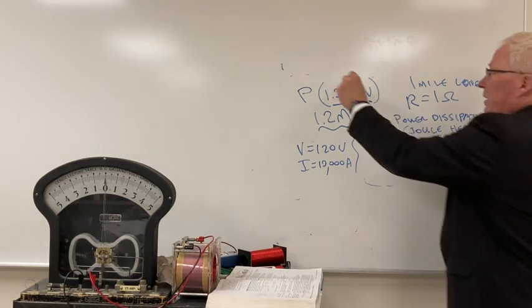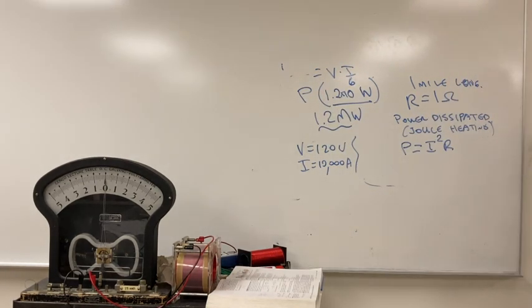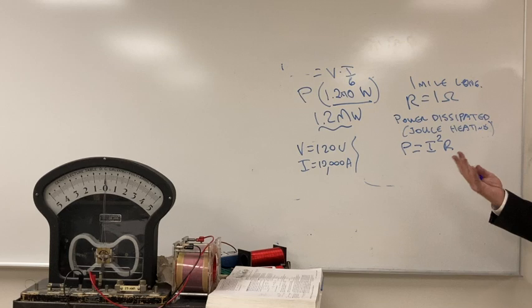Now again, our power here is voltage times current. So any wire that has a real resistance will dissipate energy.